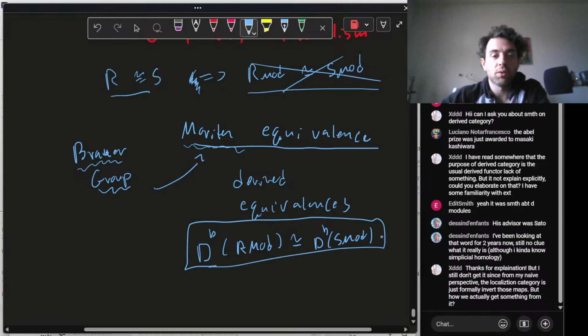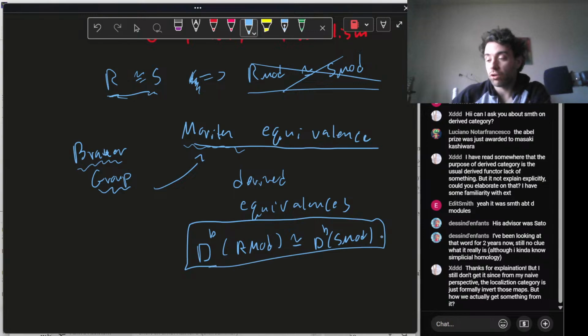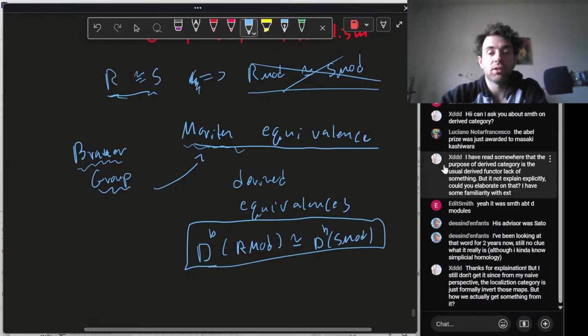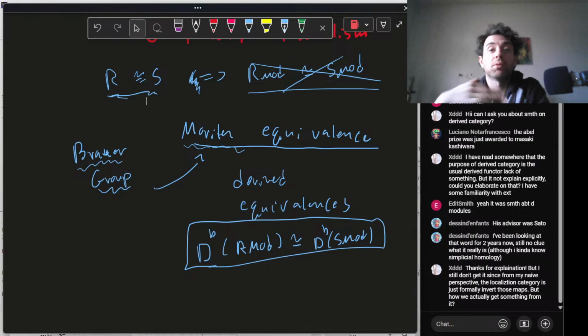Well, what do we know? What can we say about two rings whose derived categories of modules are equivalent? Are there ring theoretic properties there? I don't know as much about this. I know that this is an area of study, and people are more interested in that than in Morita equivalence.